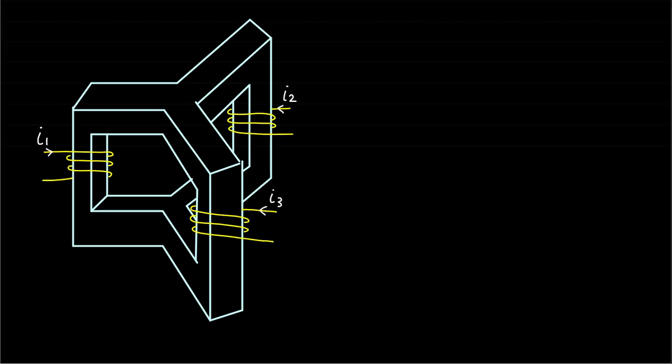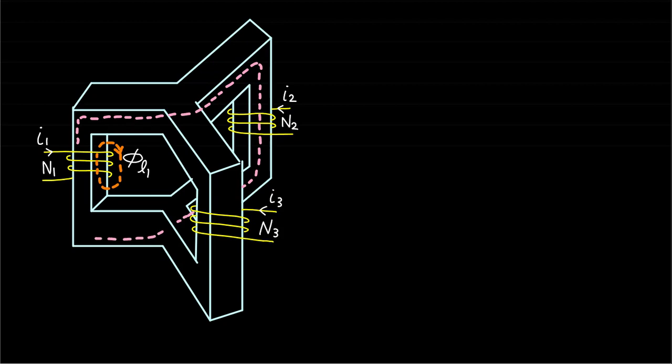Now, if we focus only on the magnetic fields that are produced by coil 1, we can notice that there are 3 magnetic fields produced by coil 1. One magnetic field represents the leakage magnetic field phi L1, and the other 2 represent the mutual magnetic fields.